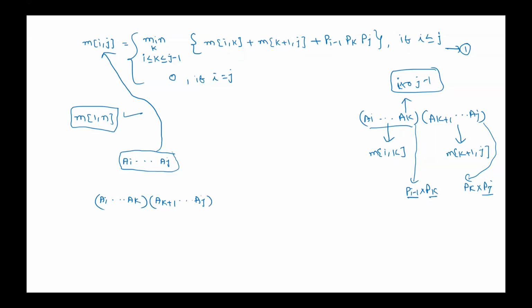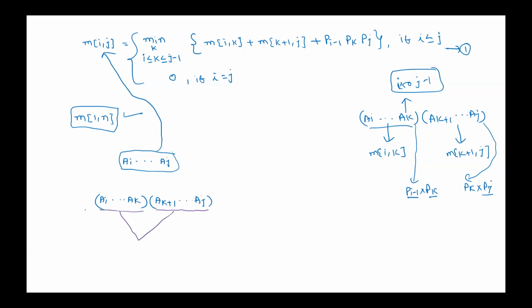Is that correct? Then we consider this part, which we multiply first, and this part second. After multiplying both, we need to multiply the two results again.